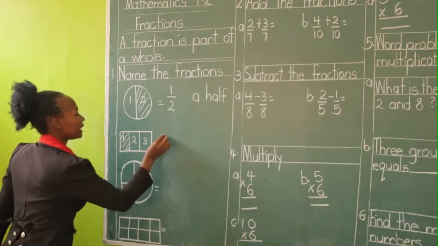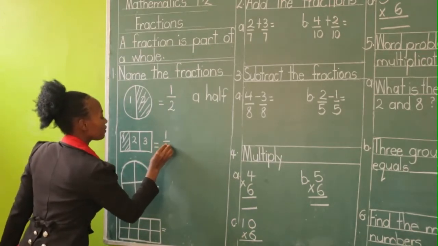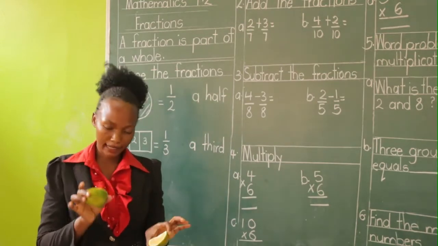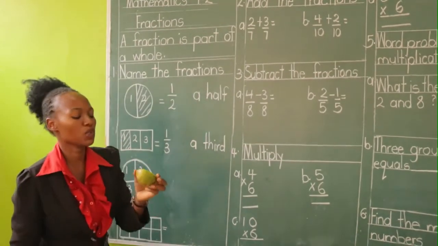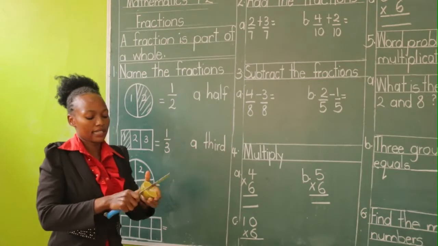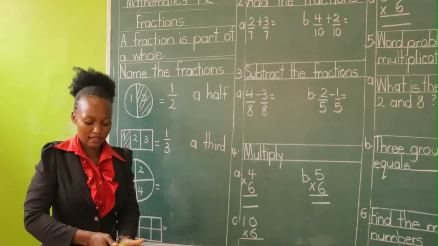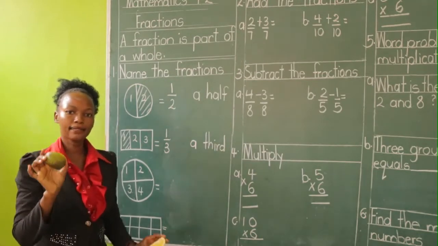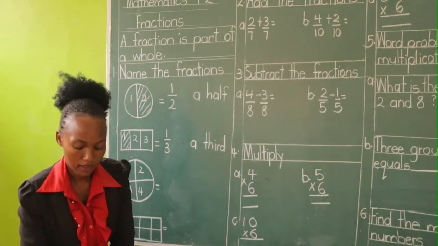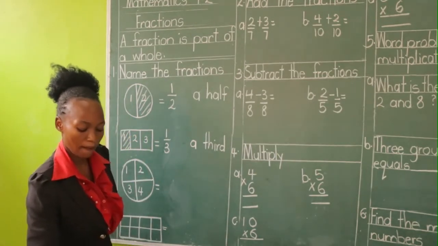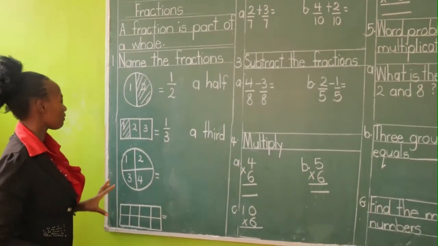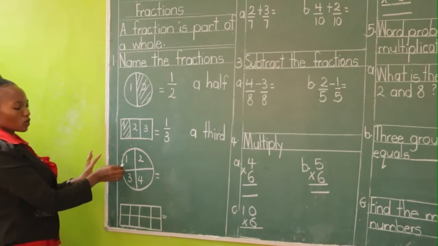I write 1 out of 3. One part, two parts, and there is another half which we didn't cut into two. Now when we count our parts, they are 1 part, 2 parts, 3 parts, and 4 parts. These are our fractions.